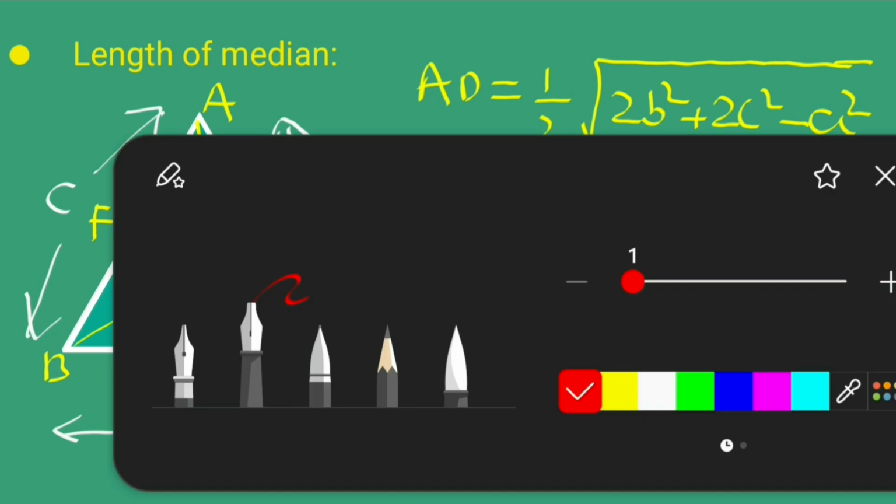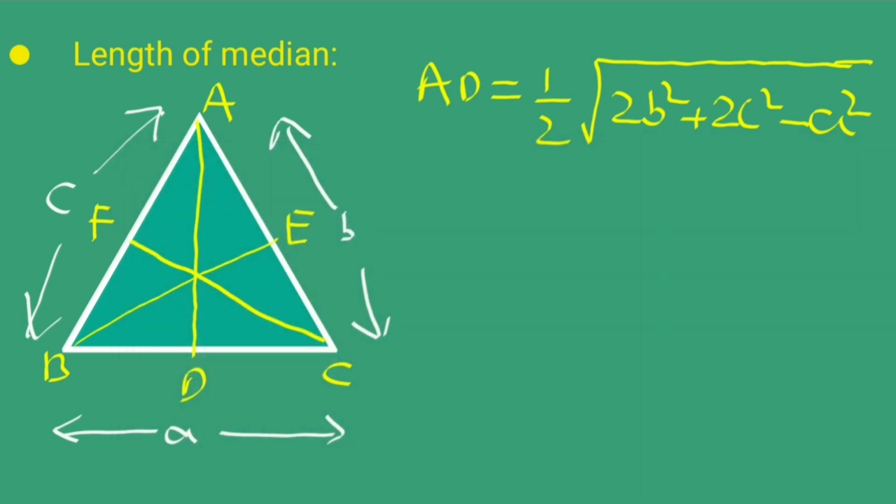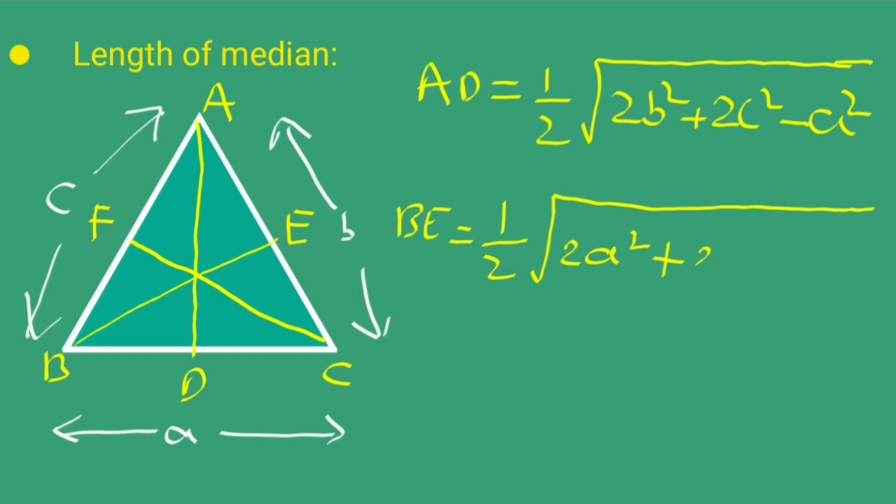Similarly, BE is the second median. Its length is half into square root of 2a square plus 2c square minus b square. This is the BE median length formula. Next, CF is the third median.